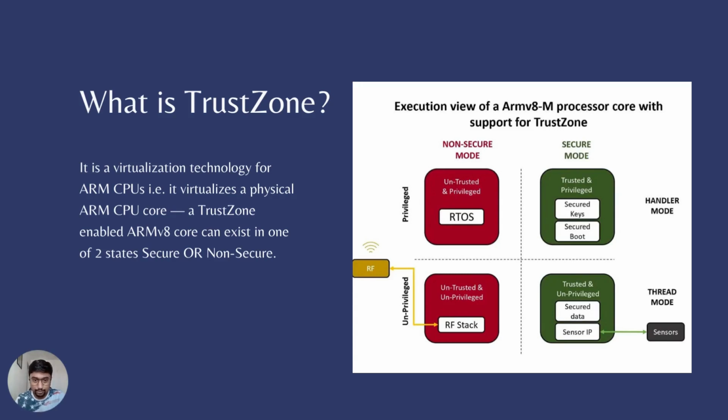Okay. This is an overview diagram of how our secure mode and a non-secure mode looks like. Further down in the secure mode, we have thread mode and handler mode, which will divide both the sections into privileged and unprivileged.